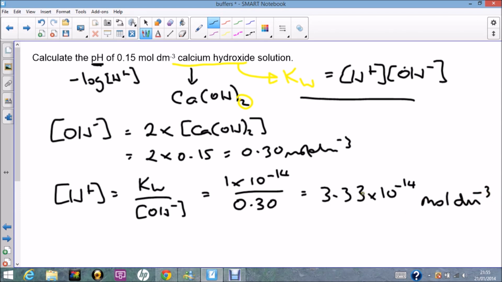Also remember that I've rounded this number, but you should leave it in your calculator until the very end of the calculation to make sure that you don't get any rounding errors. So once I've got the H plus, I'm now going to do minus log of H plus. Again, I'm just going to keep that number in my calculator and minus log it. And that gives me a pH of 13.48.